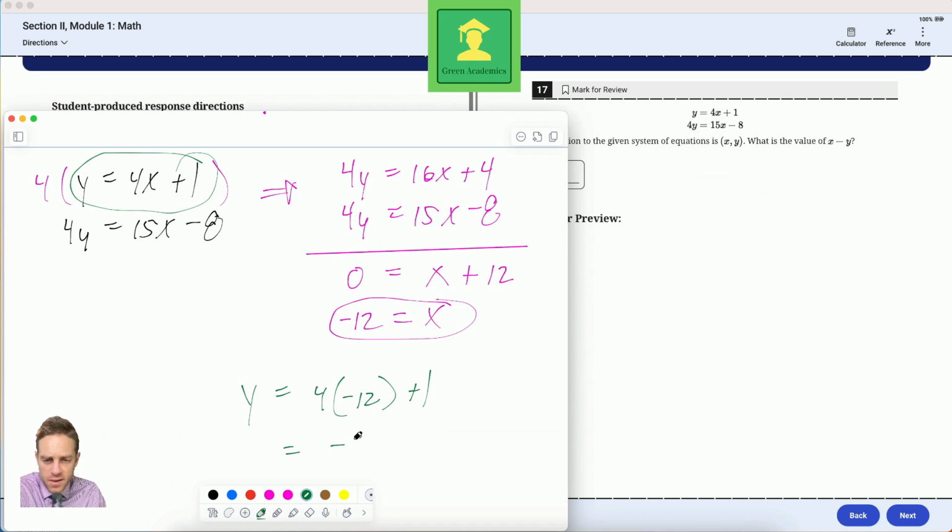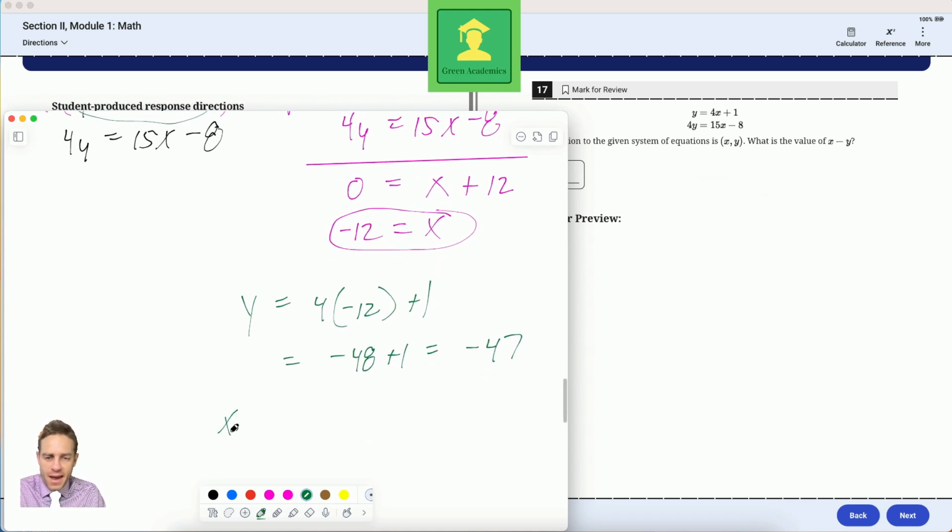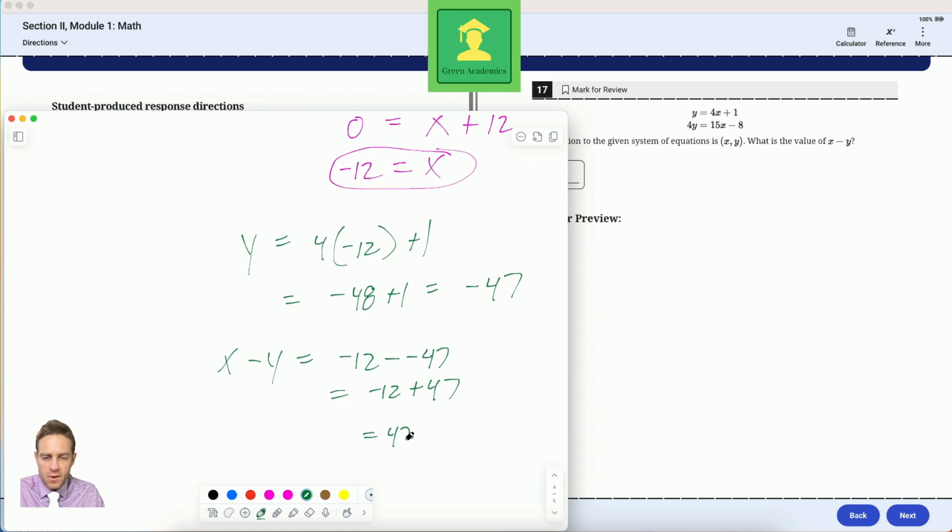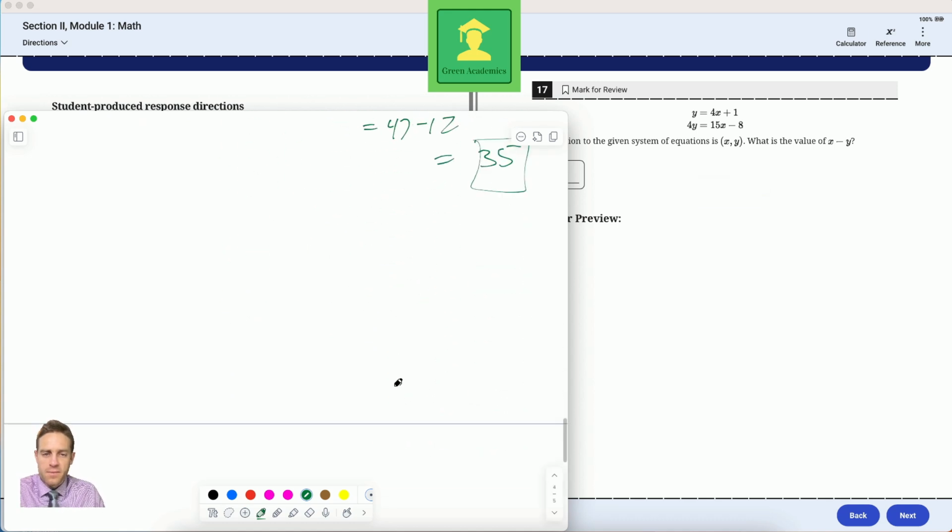So y is negative 48 plus 1 is negative 47. And then x minus y is negative 12 minus negative 47 is negative 12 plus 47, or if you like, 47 minus 12 is 35.